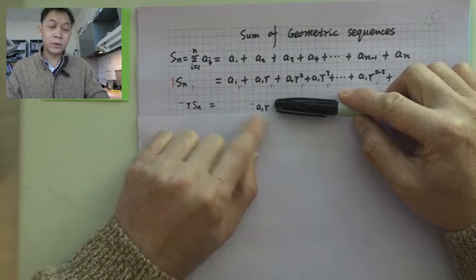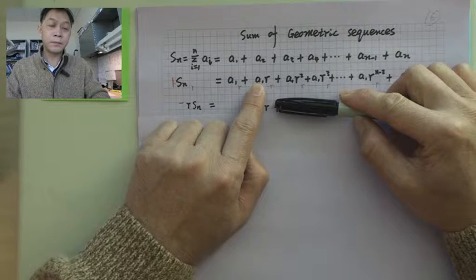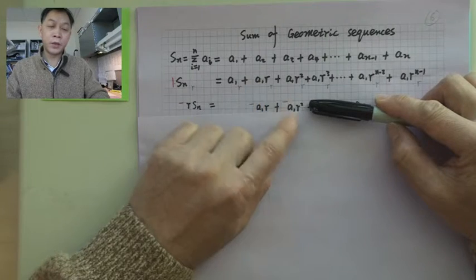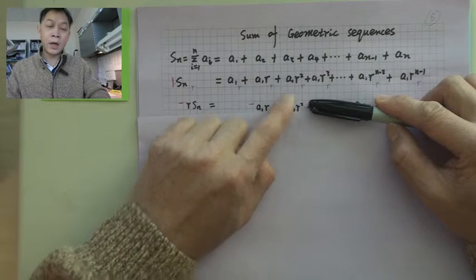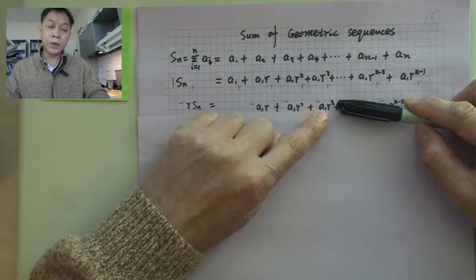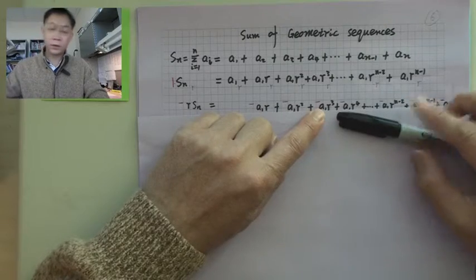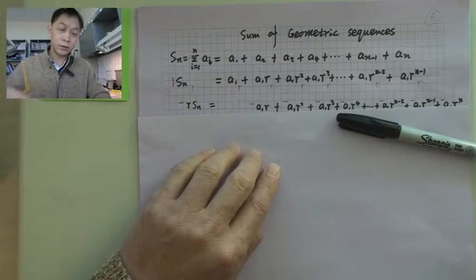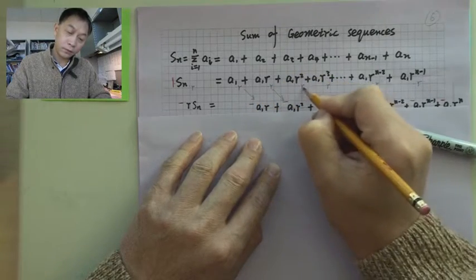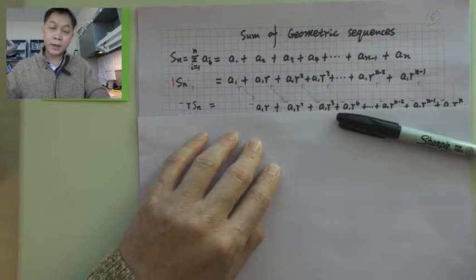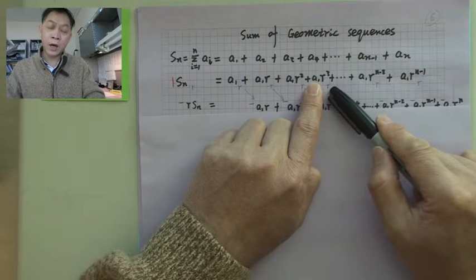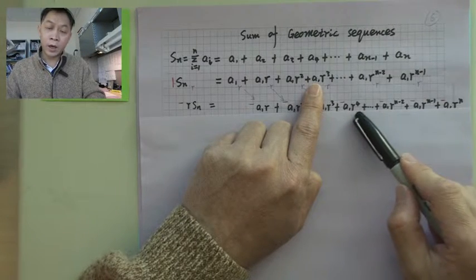So A1 r. R times A1 r, so there you have A1 r squared. So I want to put it here. And r times A1 r squared, so you have A1 r cubed. And similarly, A1 r cubed times r, the blue r, you get A1 r to the 4th.